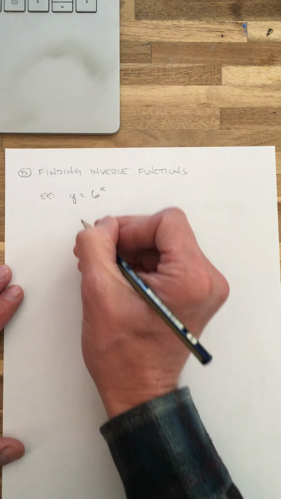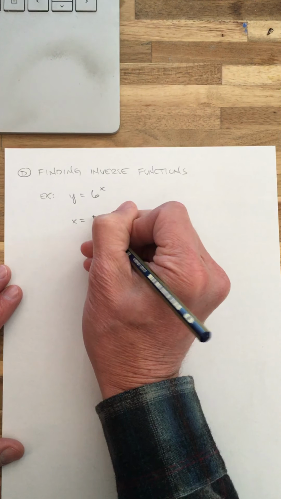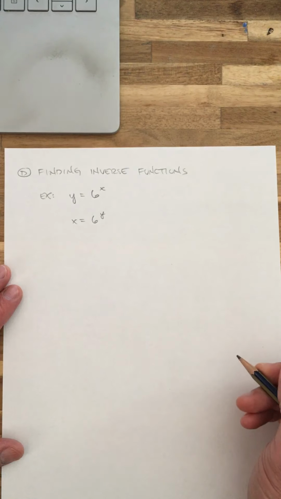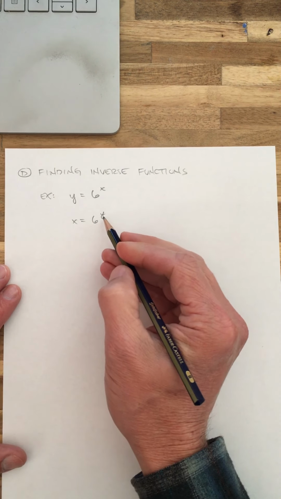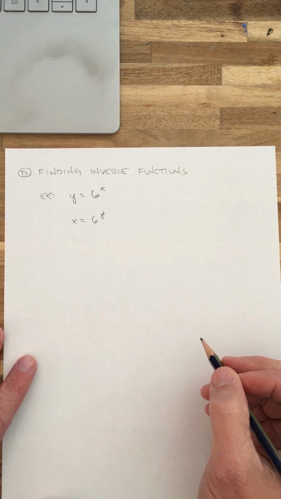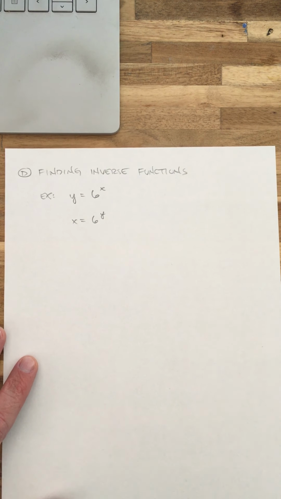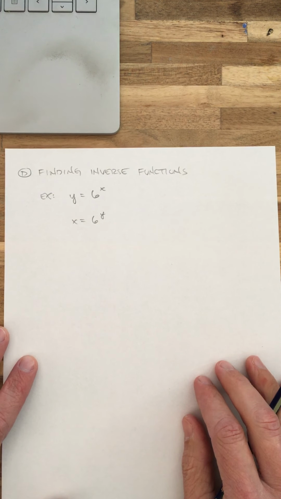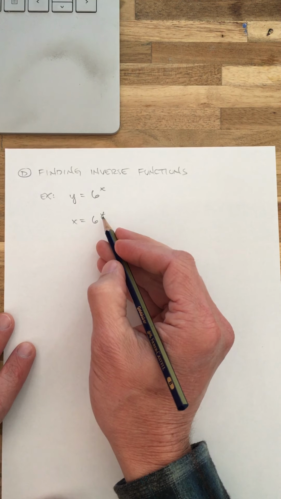So let's switch the x and the y. We have x equals 6 to the y. And then we want to solve for the y. Well, remember, the y is the power. So if you want to get the power by itself, that's when we use our logarithms. The thing you want is to switch the forms.